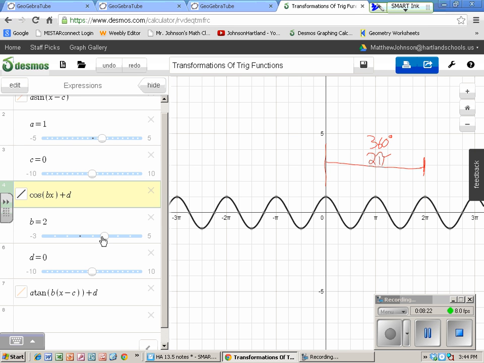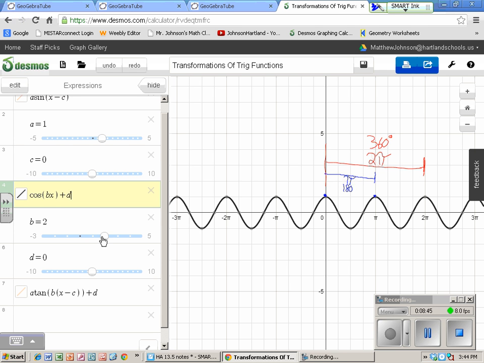So now, we're going from here to here. We started at a maximum, went down, back up to that maximum. That's a distance of pi, or 180 degrees. So what we've done is basically shrunk this graph. We went from a period of 2 pi, and when that b value is 2, we shrunk this graph.